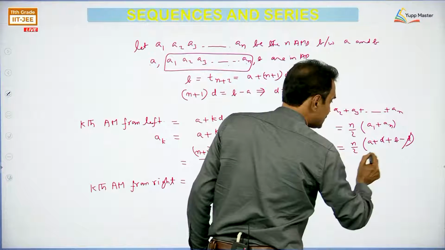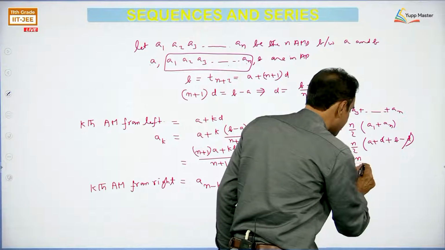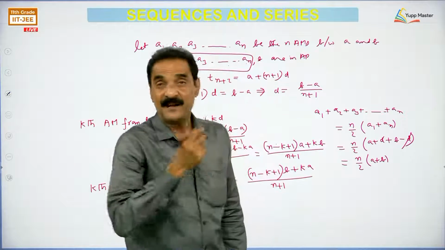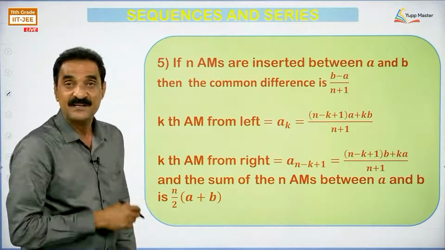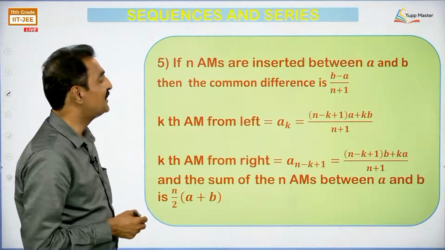So d cancels. So you will get the result n by 2 into a plus b. Alright. So the sum of n arithmetic means between a and b is given by the result n by 2 into a plus b. Alright. Now let us discuss geometric mean.